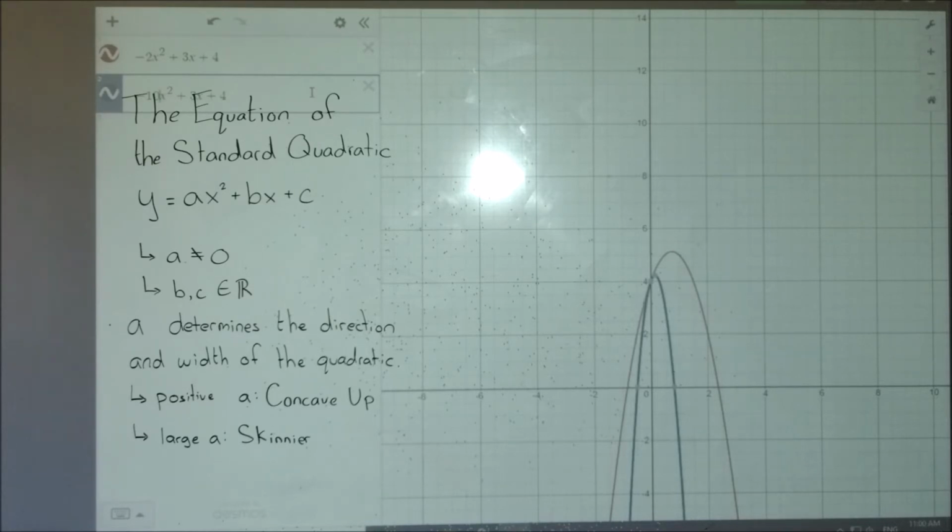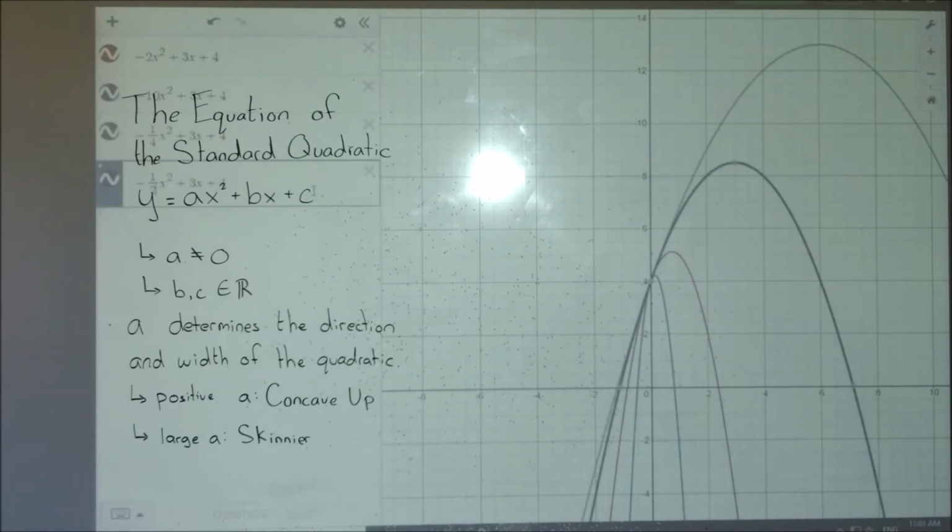So instead of negative 2 or negative 10, I'm going to do negative 1/4 or negative 0.25. And that gives me the green graph. I've actually overlaid negative 1/2 as an a value as well. That's the purple graph, simply because the green one, negative 1/4, is so wide that it doesn't even fit on the screen. So negative 1/2, as you can see, is the widest graph that we have that happens to fit on the screen.